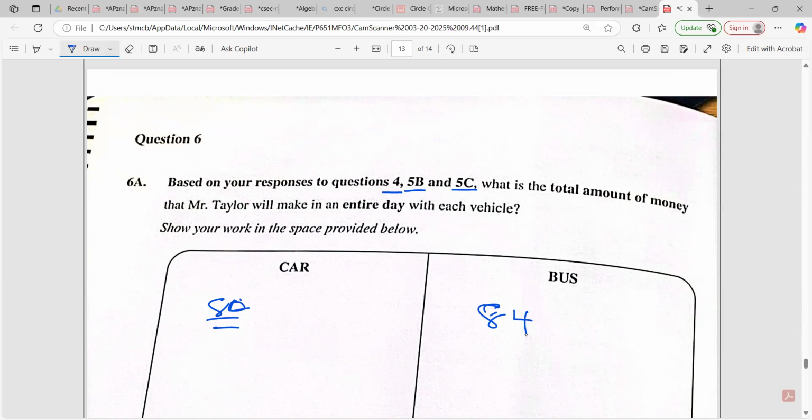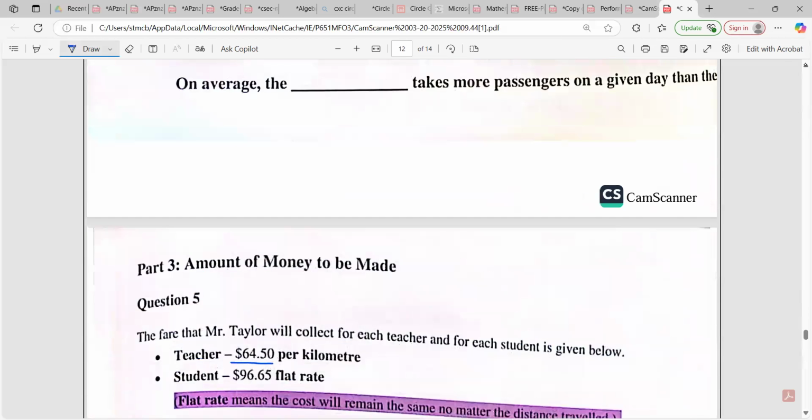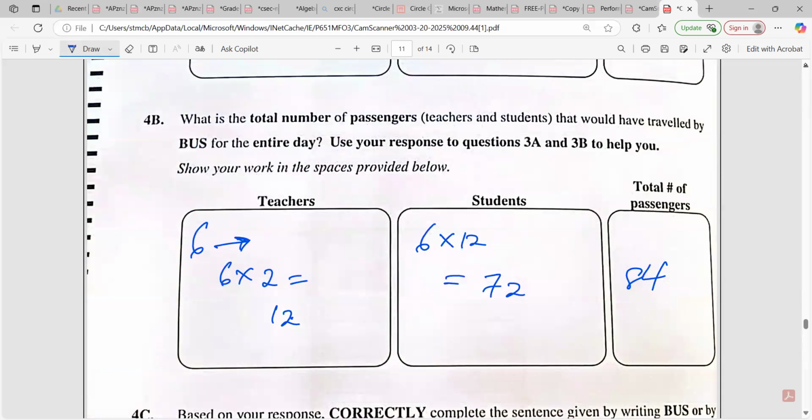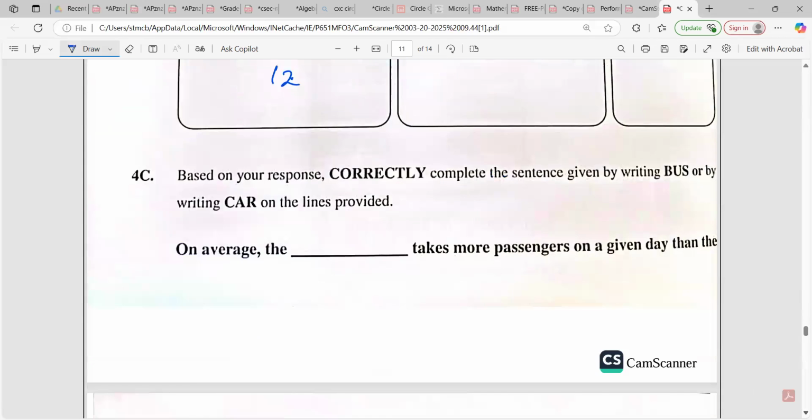But I do remember the breakdown. Honestly, let me go back up. So the car, let's see what the car works out to be. Alright, this is for the bus, 12 and 72, and this was 20 and 60. Okay, we must remember that.